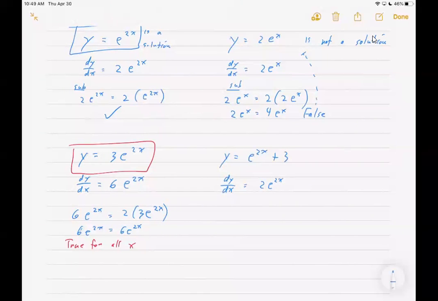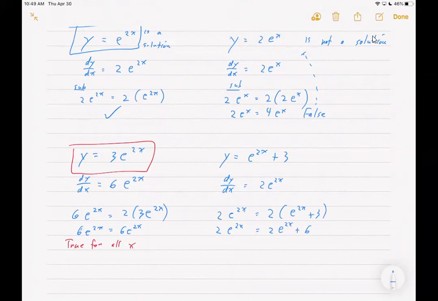So now let's substitute into the differential equation. We get 2e^(2x) on the left equals 2 times y, e^(2x) plus 3. So this comes down to 2e^(2x) equals 2e^(2x) plus 6.